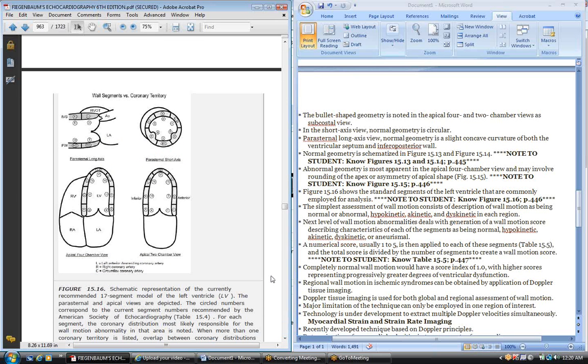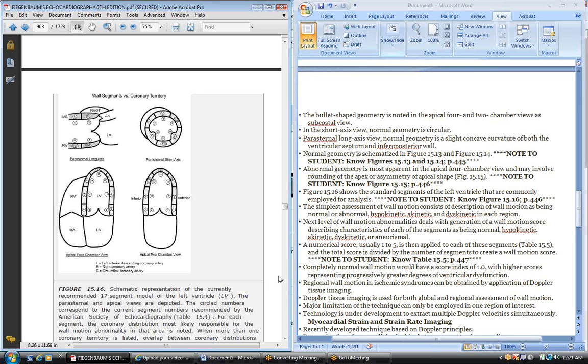this gives us an idea of the standard segments of the left ventricle that are used for analysis, specifically by cardiologists and specifically on stress tests, but also on regular echoes. It tells you at the bottom with the L, R, and C which coronary artery is actually delivering blood flow to those particular areas.